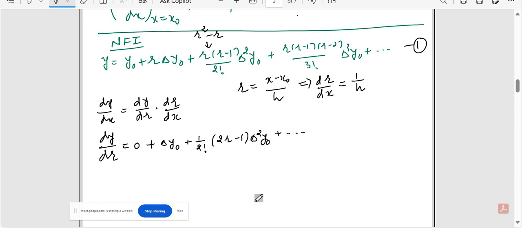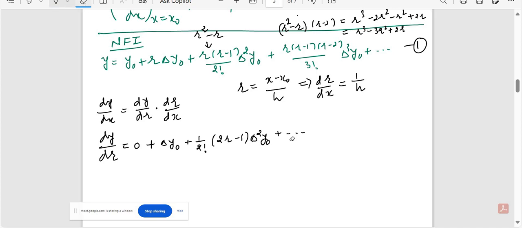What we have to do for the third one, r minus 1, r minus 2 divided by 3 factorial? r square minus r into r minus 2. Multiply again, that will be r cube minus 2r square minus r square plus 2r. So this term is r cube minus 3r square plus 2r.